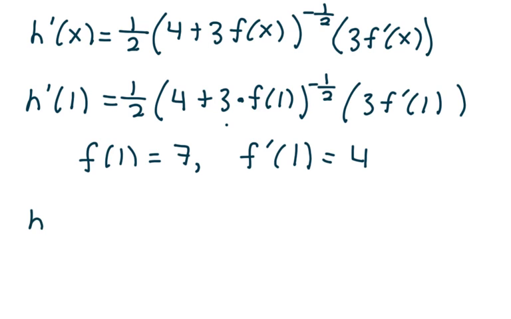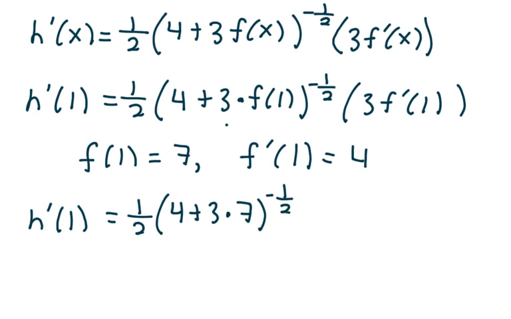And so h prime of 1 is 1/2 times 4 plus 3 times 7 to the negative a half. And I'm going to multiply by 3 times 4.